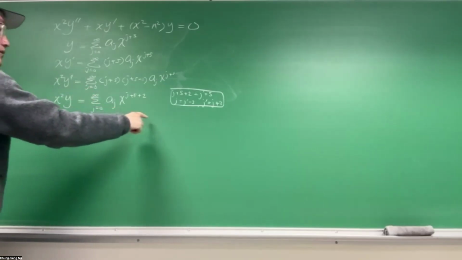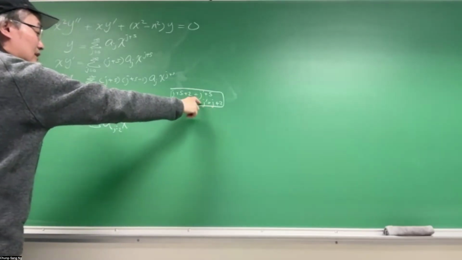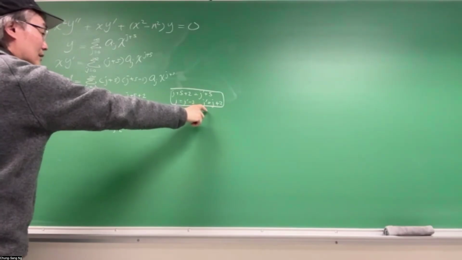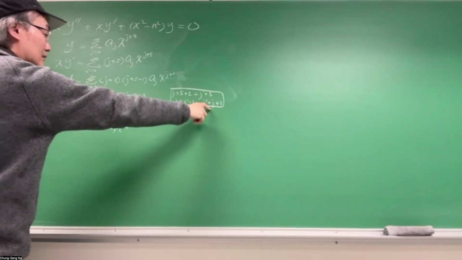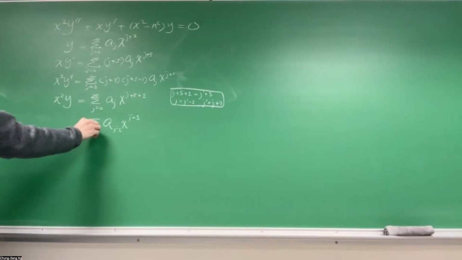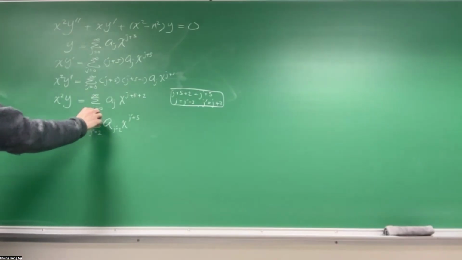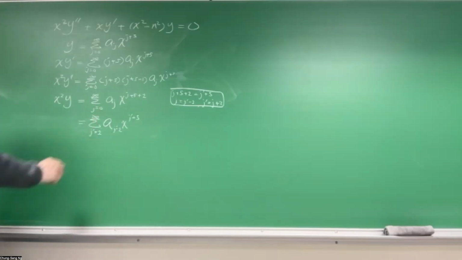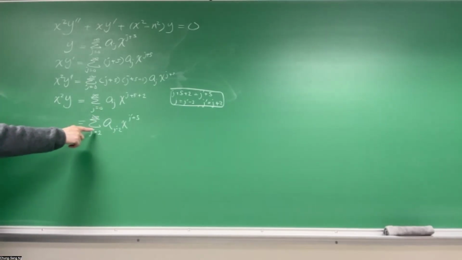So j is 0, meaning j prime starts from 2. j prime is from 2 to infinity, and the infinity limits are the same. And the last step is to get rid of the prime.